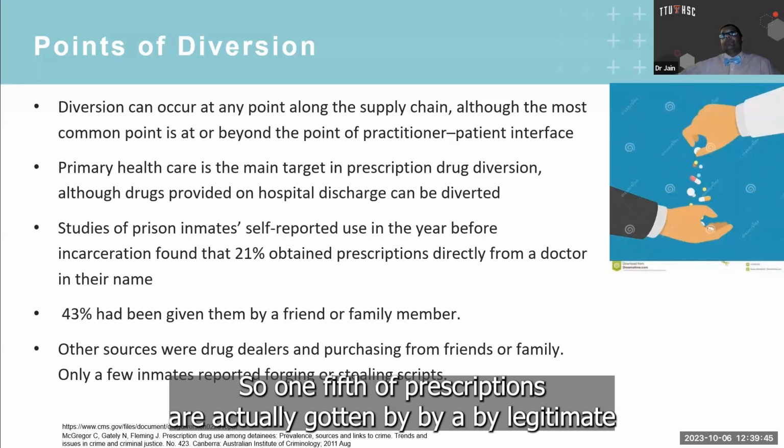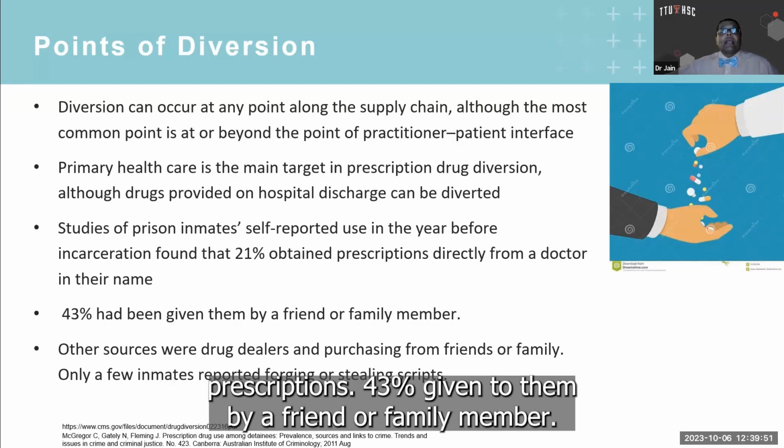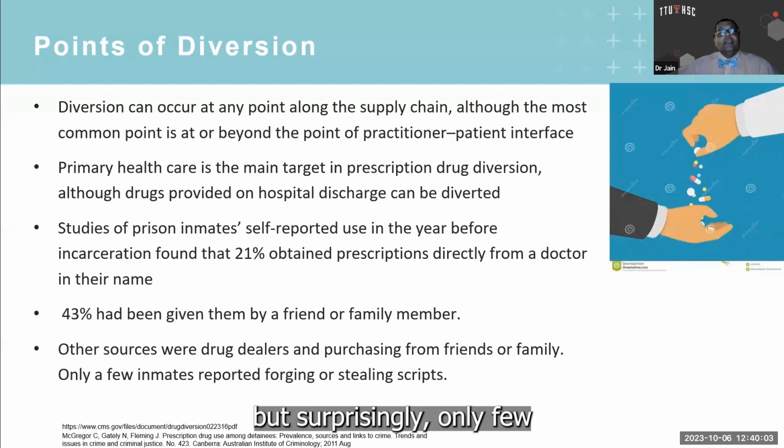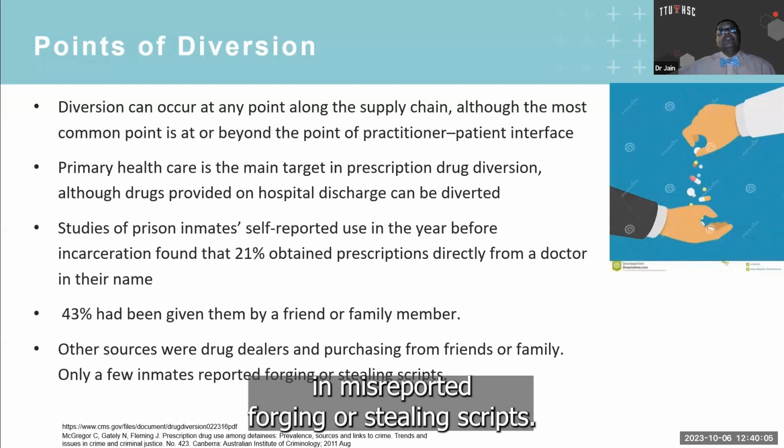So one-fifth of prescriptions are actually gotten by legitimate prescriptions. 43% were given to them by a friend or family member. And the other sources were like drug dealers, purchasing from friends or family. But surprisingly, only a few inmates reported forging or stealing scripts.